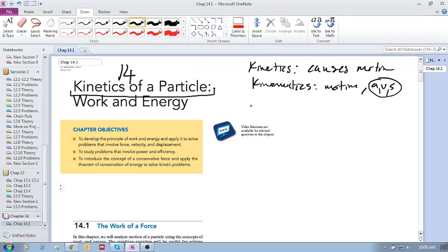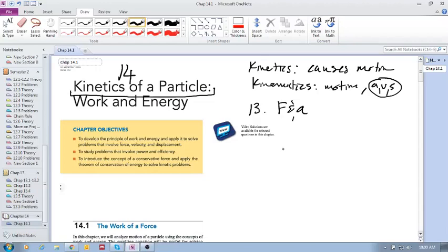In chapter 13, we looked at force and acceleration. So if we had force and acceleration information, we would use the techniques from chapter 13.